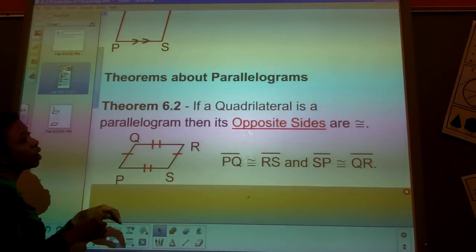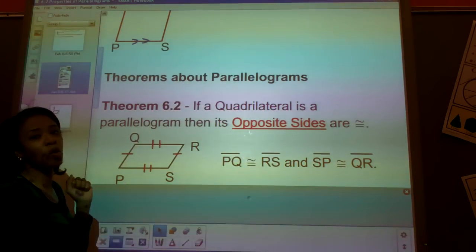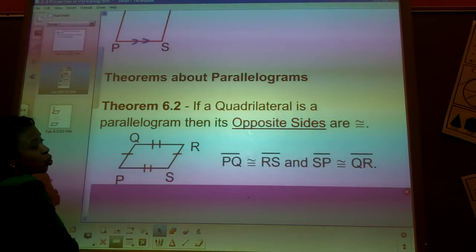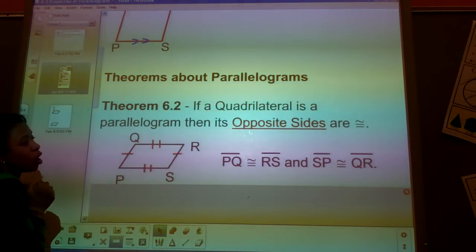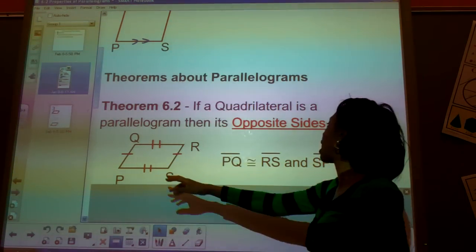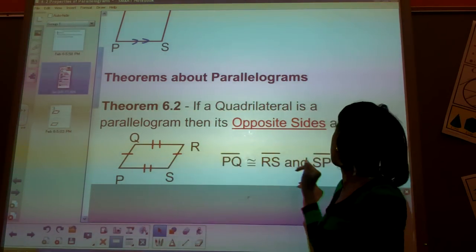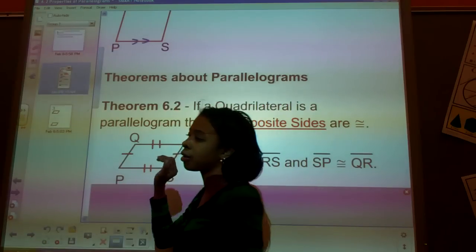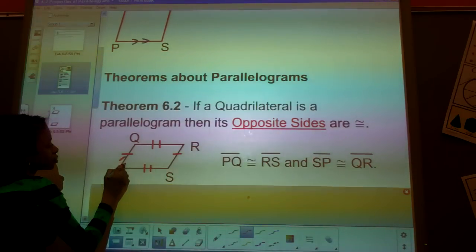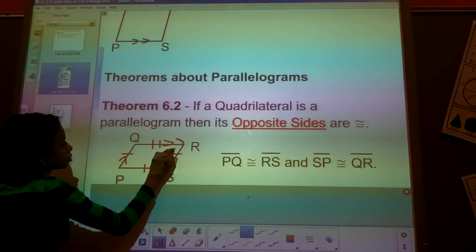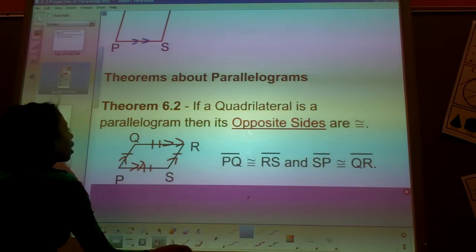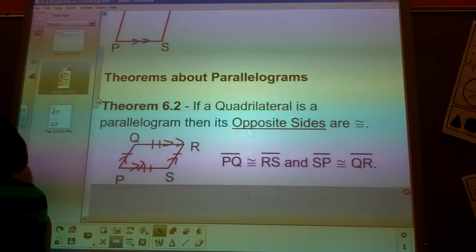If this quadrilateral is a parallelogram, that means that PQ is also congruent to RS, and also the opposite sides, SP is going to be congruent to QR. So they'll be parallel, and they will also be congruent to one another.